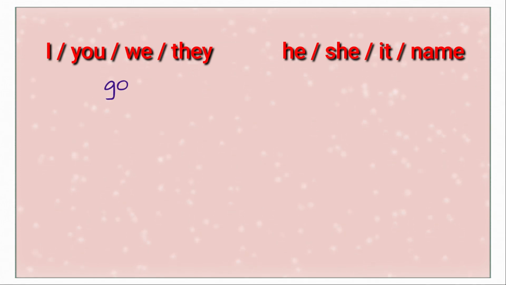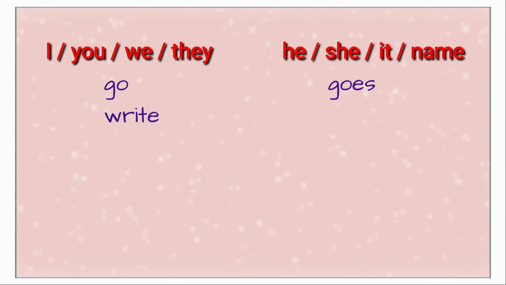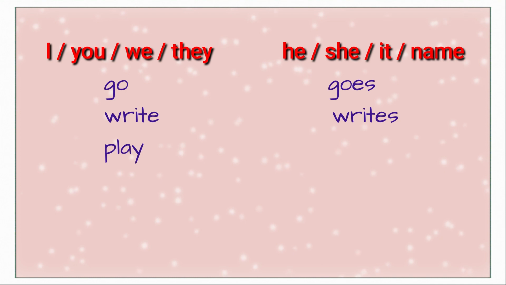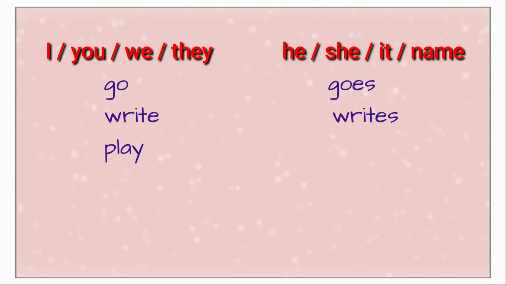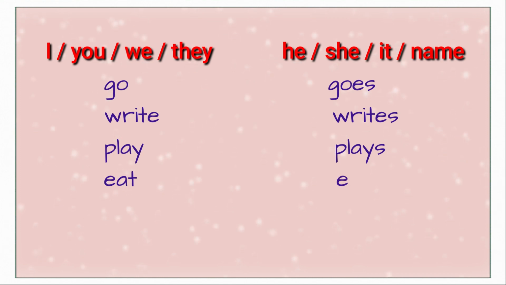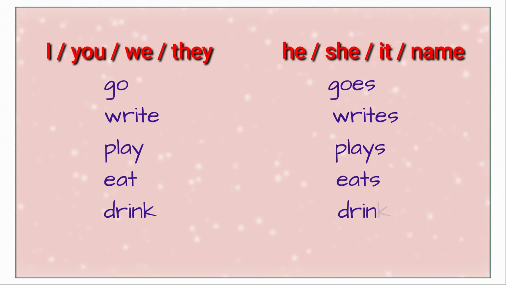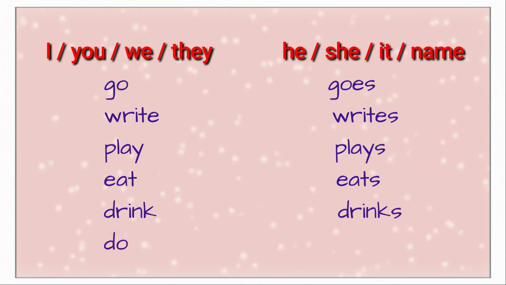Let us see some first forms of verb, and when we add s or es to the verb, like go will become goes, write becomes writes, play becomes plays, eat becomes eats, drink becomes drinks, do becomes does.